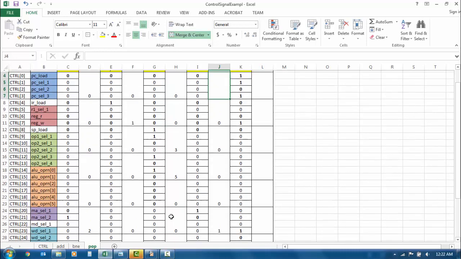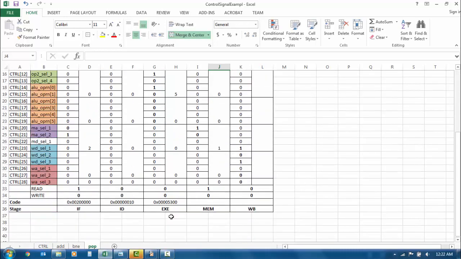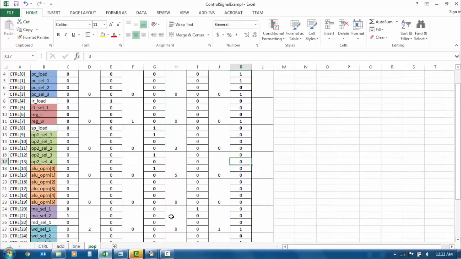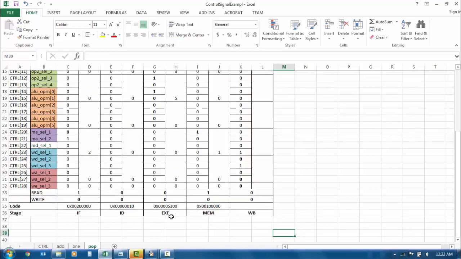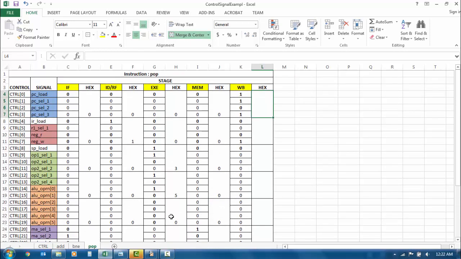So here my code is 0 0 1 0. Okay, and now here it's the same as the add.